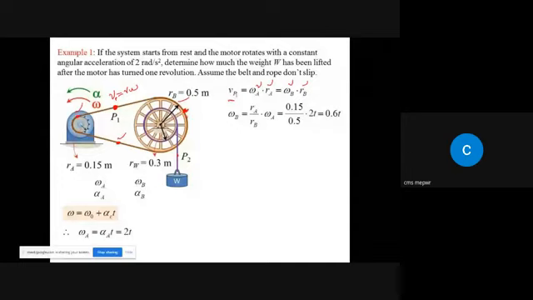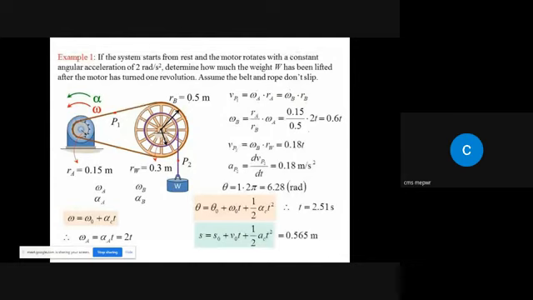So that's why I can write omega a ra is equal to omega b rb. From here I can find omega b, which is equal to ra by rb into omega a. When you do so, you will get the value of omega b, and that is 0.6 t. So now we get omega a, and we also get omega b.